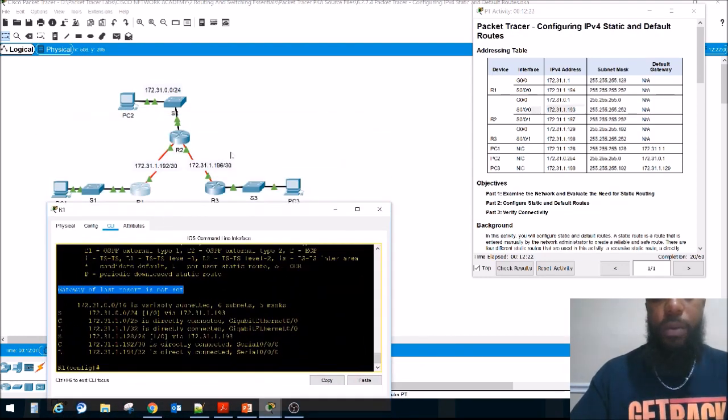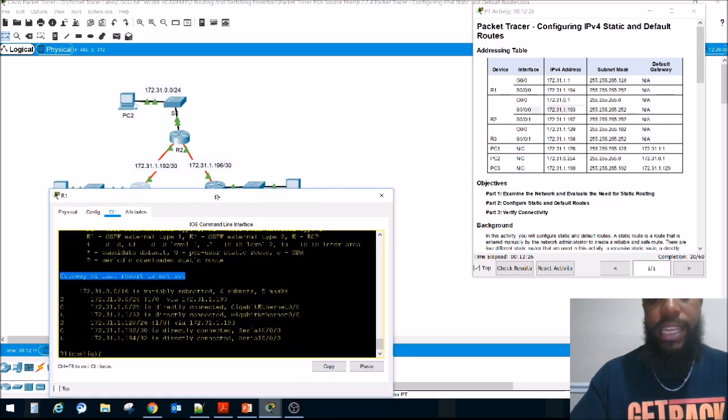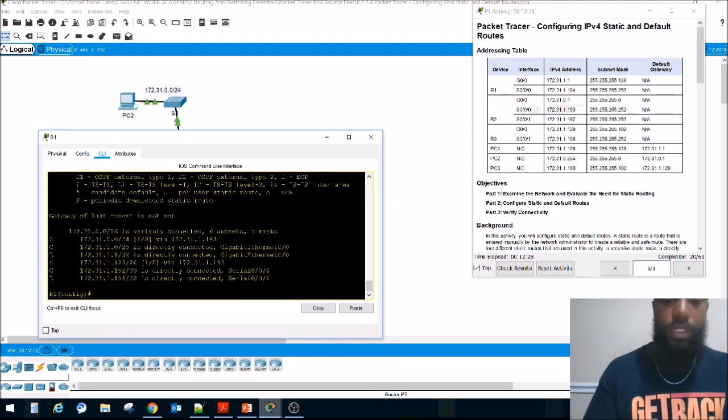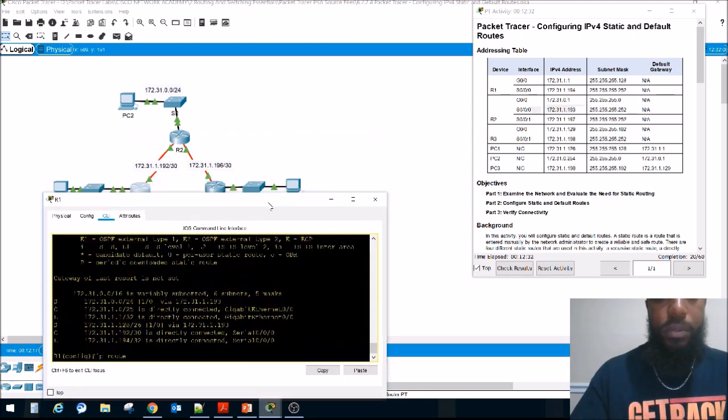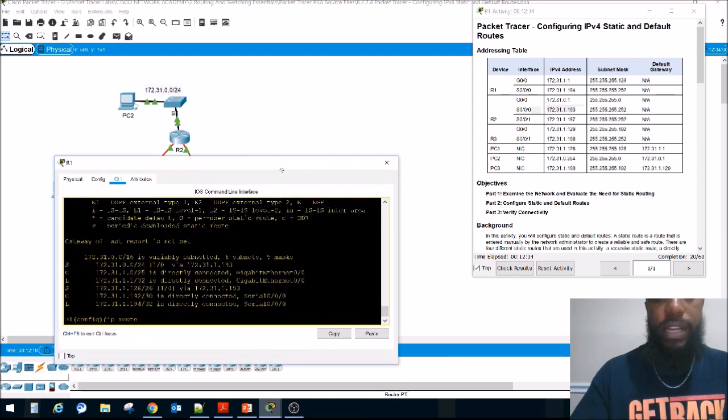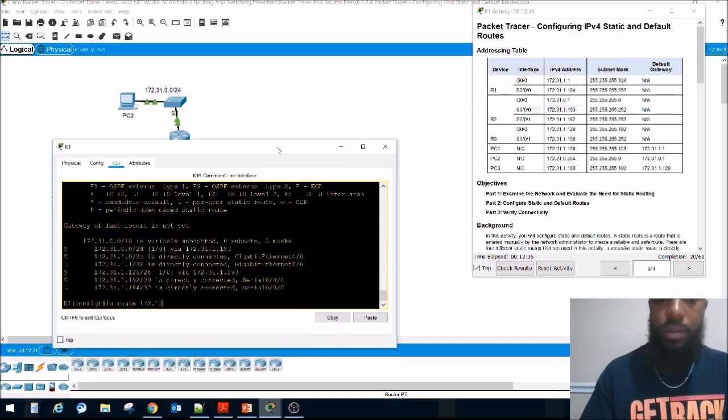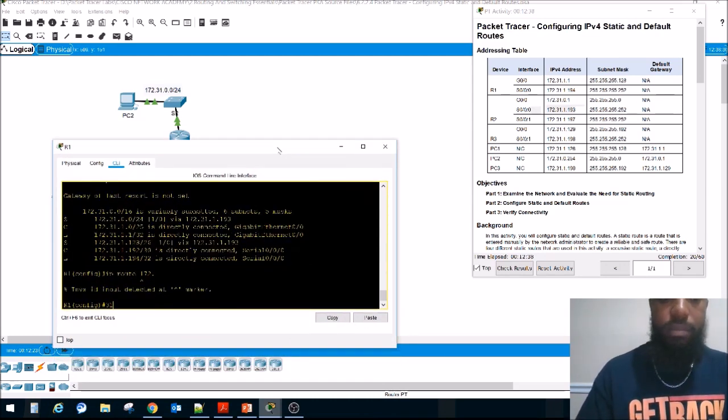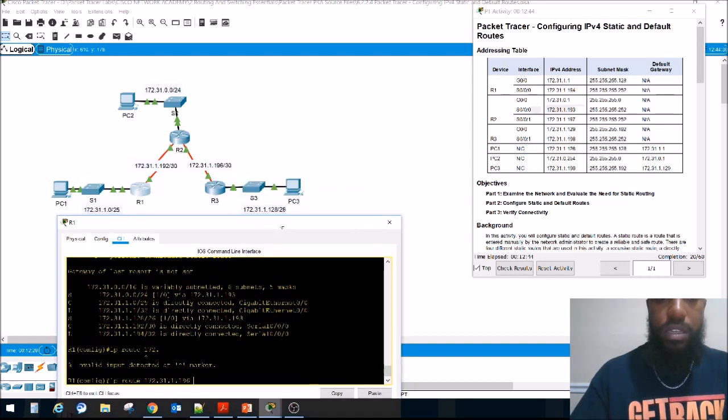Now we need to create a route to get over here. Right? Explicitly say how to get there. So we're going to do IP route to get to 172.31.1.196, which is /30.